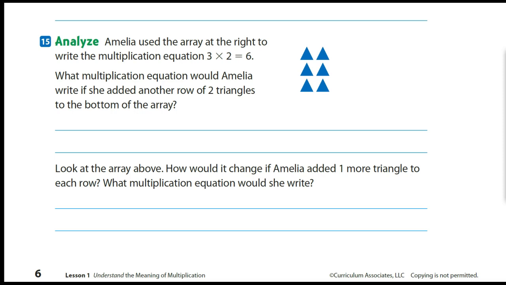Now the question says, what multiplication equation would Amelia write if she added another row of 2 triangles to the bottom of the array? Okay, so am I adding another column or another row? Yes, it says another row. So I'm adding another row.